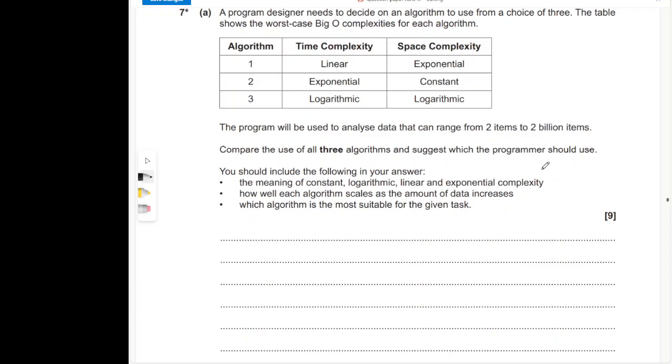If the speed of the analysis doesn't matter, it might be a good pick. You've always got to factor that in. If this is a batch offline thing and we can do with the answer in a week, we're not bothered, then that might be okay. It's got constant space. So if space is truly a problem, we're tight on memory, number 2 might be a good pick. Any one is acceptable if you can justify it.